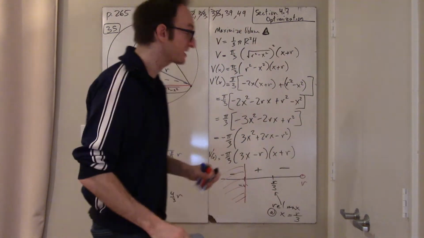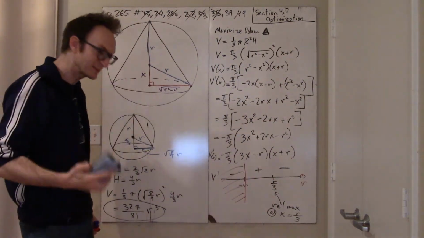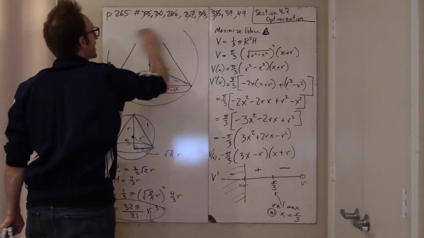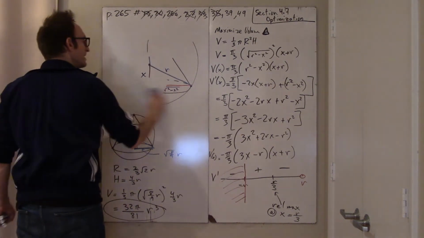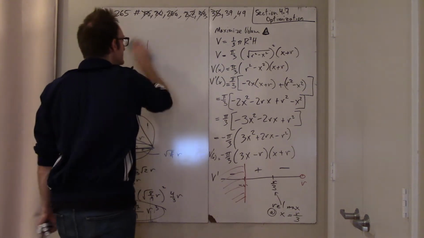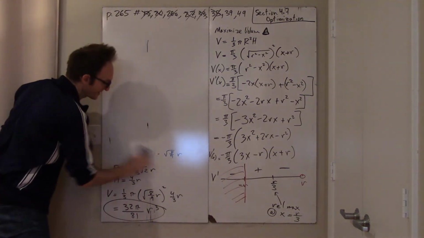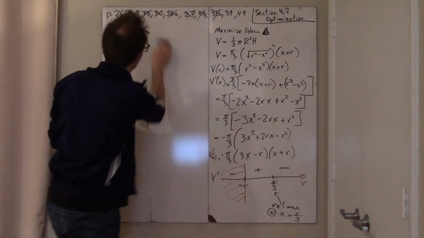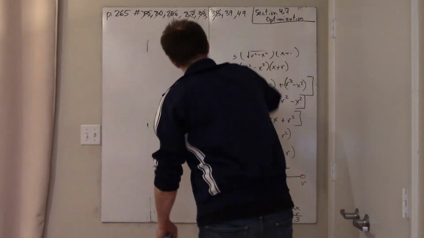But they're facts which are either impossible to solve without calculus or very, very difficult to solve without calculus. But with calculus, all of these kinds of problems are solvable. These kind of optimization problems. Okay, 2 more to go.